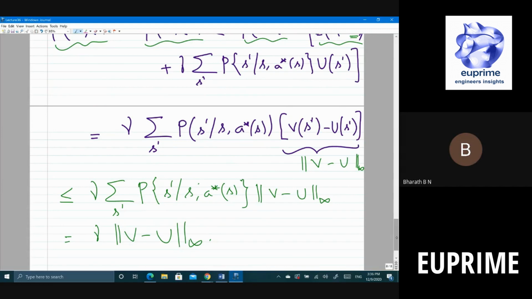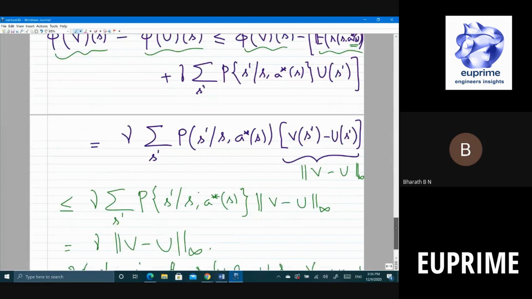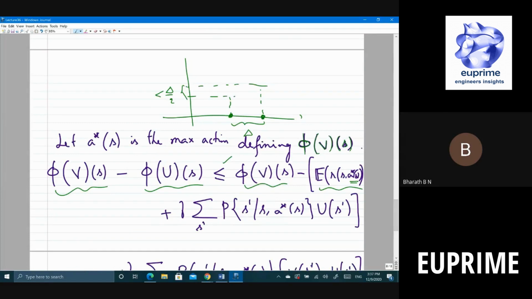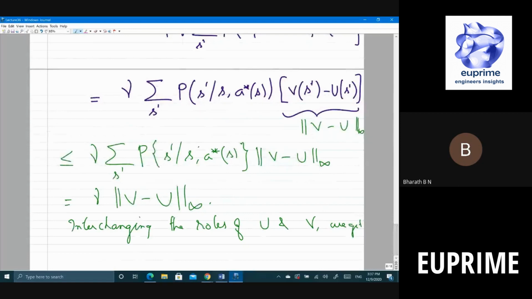Okay. Yes. Now interchanging the roles of u and v, we get, see, this was phi of v minus phi of u. Now I can do the same thing with phi of u minus phi of v. So you'll get the same inequality.